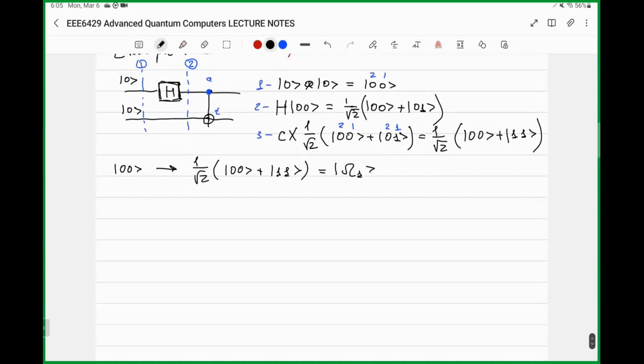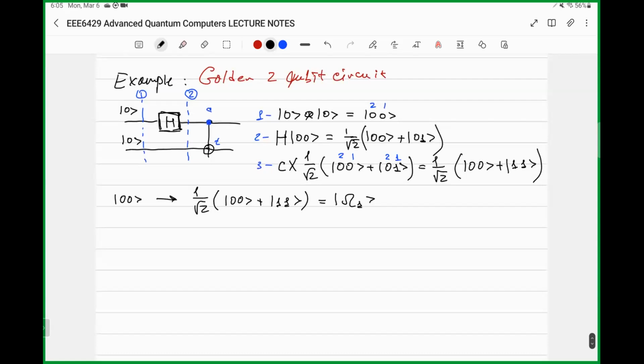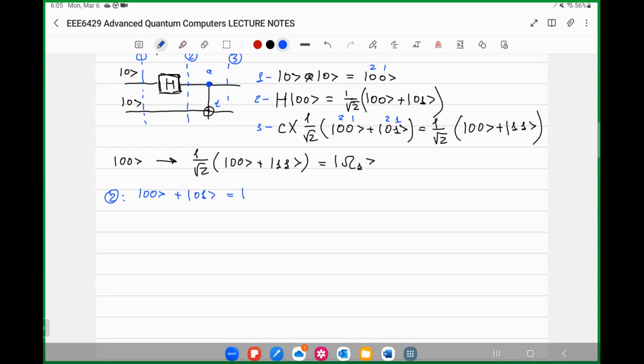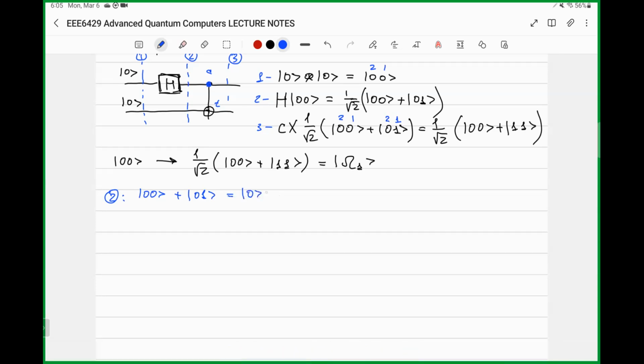This is stage 3. For example, what was the state at stage 2? At stage 2, the state was, let's write without the prefactor, 0 0 plus 0 1, just a combination of these two. But this is nothing but the product of state 0 and state 0 plus state 1.